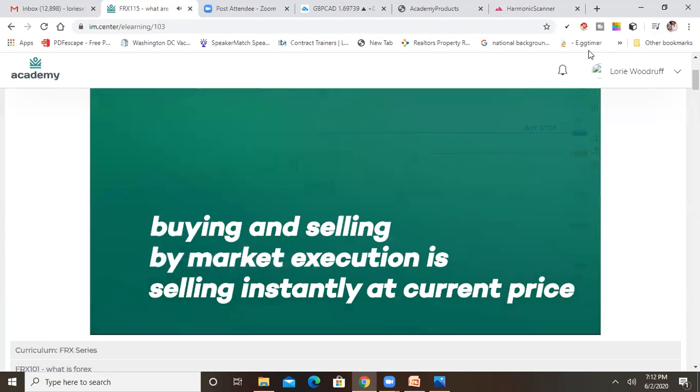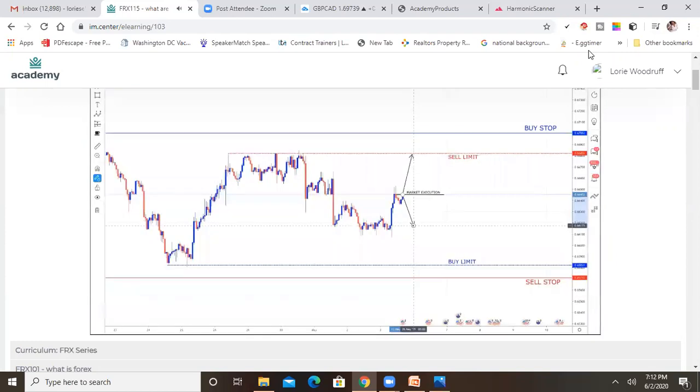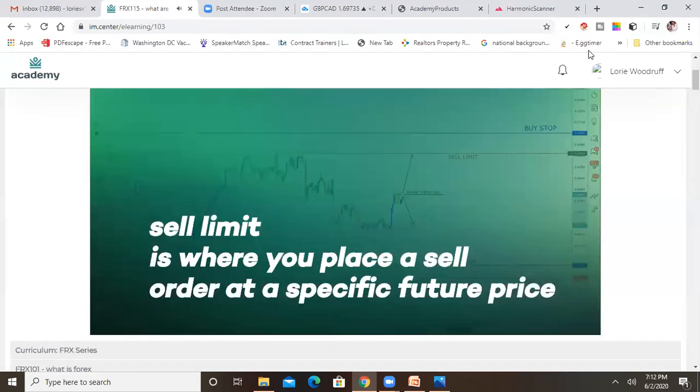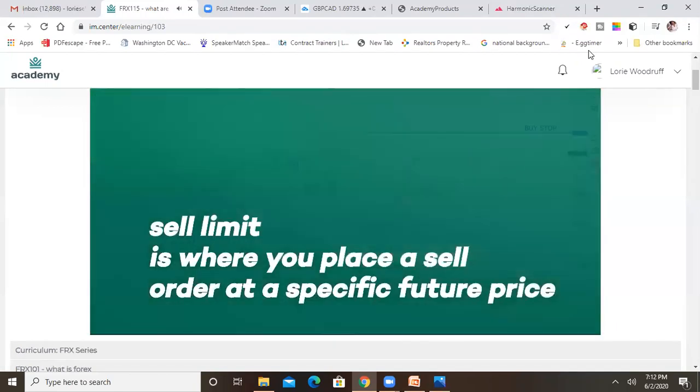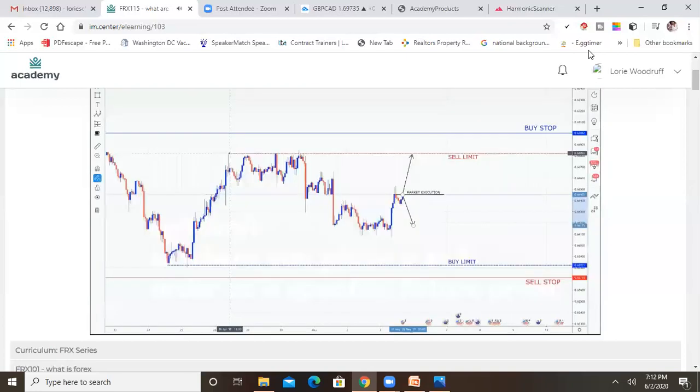Now, when you want to be able to set up for a future trade, such as a sell limit or buy limit, let's cover these. A sell limit is where you will place a sell order at a specific price inside of the market. Now, taking a look at the live charts here, we can see a diagram where price has lots of price action in one particular zone.